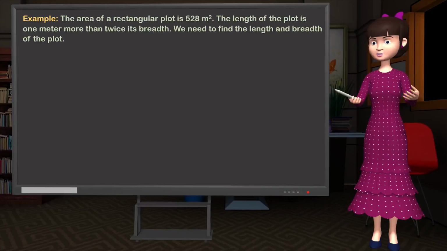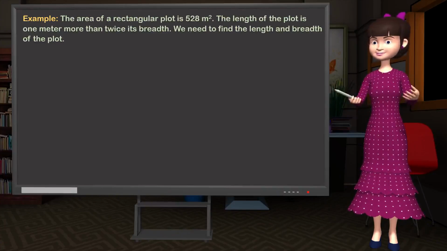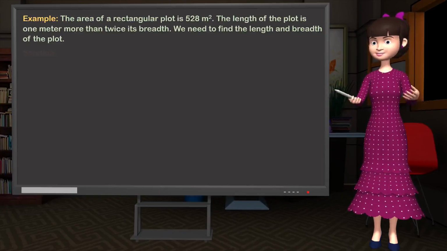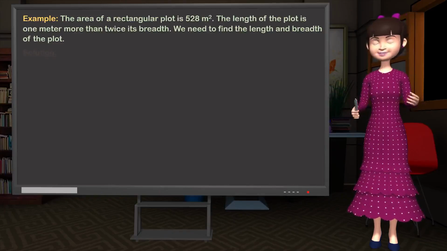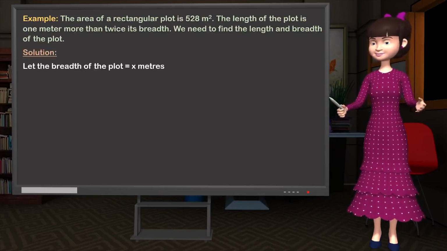Example: the area of a rectangular plot is 528 meters squared. The length of the plot is 1 meter more than twice its breadth. We need to find the length and breadth of the plot. Solution. Let the breadth of the plot be x meters.